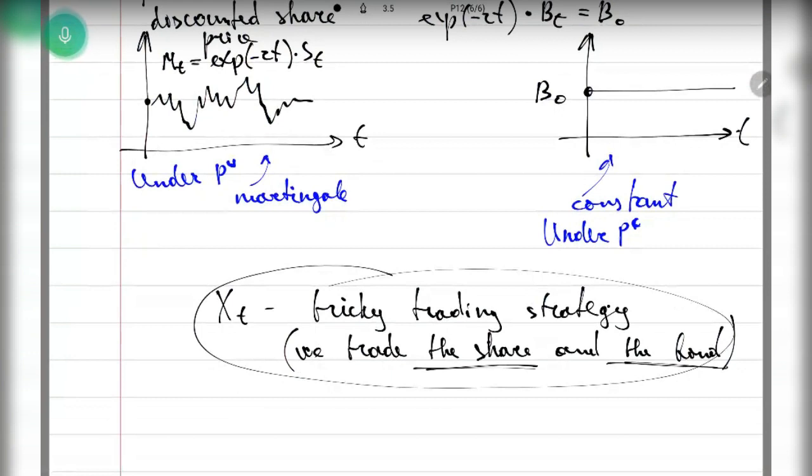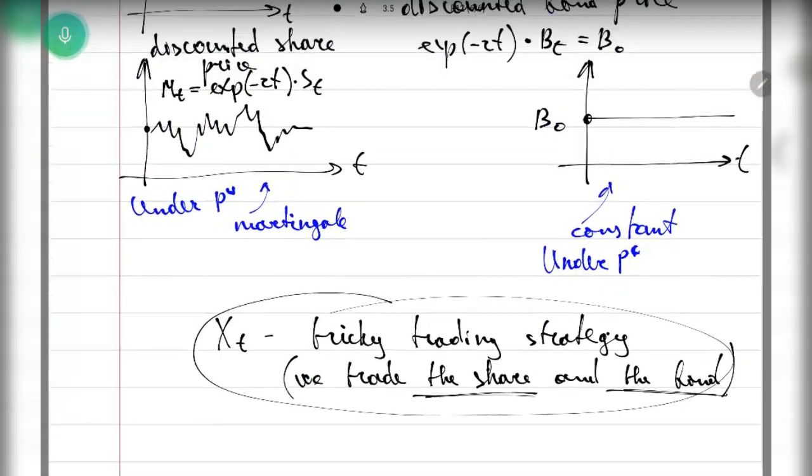We consider the Black-Scholes world where we have only 2 underlying assets, the bond and the share. There are no other shares in our world, Black-Scholes. We have only one share. So that's a simple model.